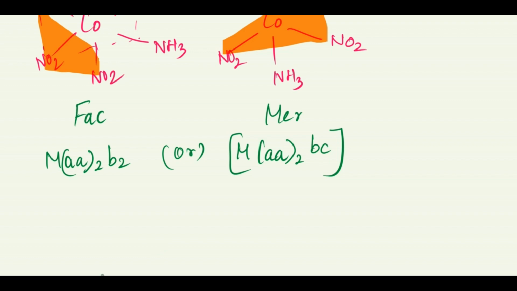Okay. But in the case of optical isomerism, which means the isomers which rotate the plane of polarized light, this occurs only in octahedral complexes, especially with bidentate ligands.